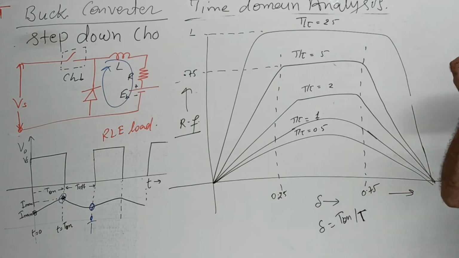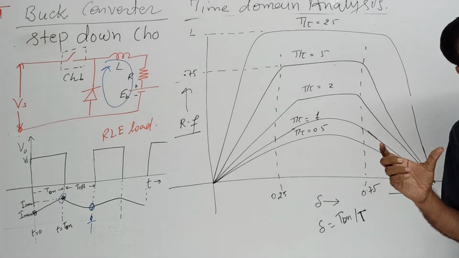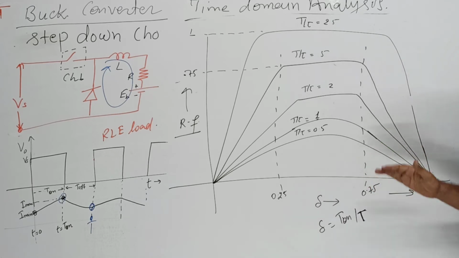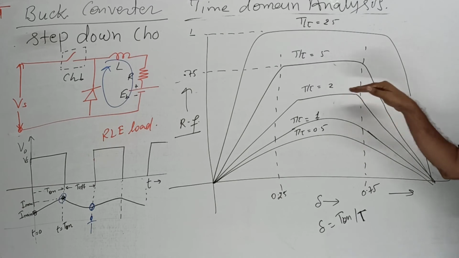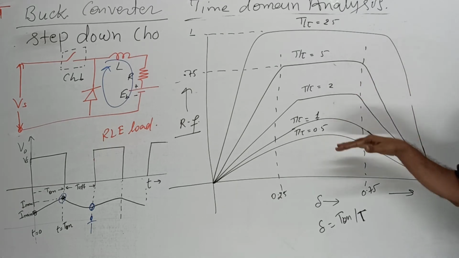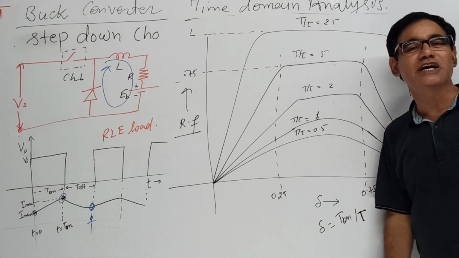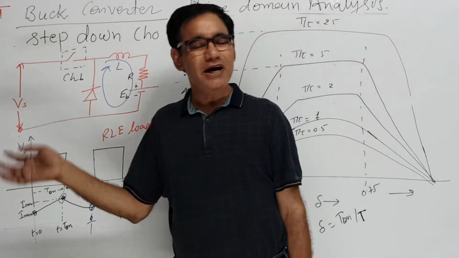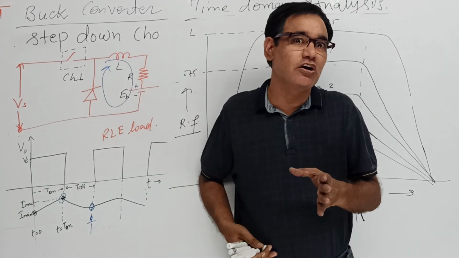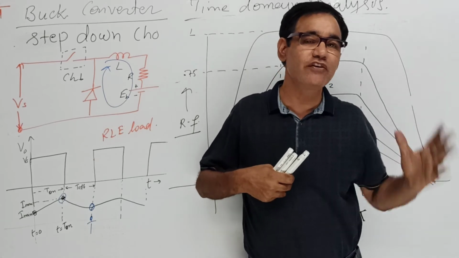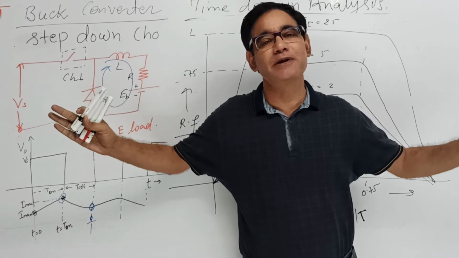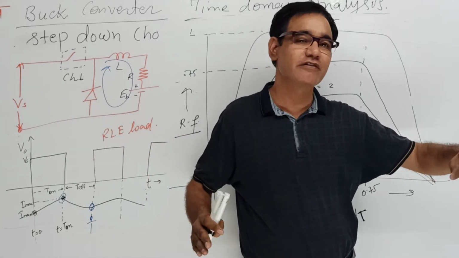If the duty ratio varies between 0.25 and 0.75, that is from 1/4 to 3/4, ripple almost remains constant. There is no variation. So it is suggested that buck converters should be operated for the duty ratio of 1/4 to 3/4. So there the ripple content will appear, but it remains flat.